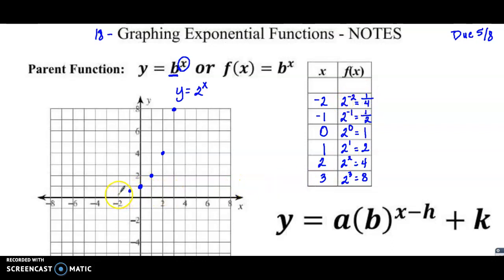So I could plot negative 2, 1/4, a teeny tiny point. If I did a negative 3, 2 to the negative 3, 1 over 2 to the third is 8, 1/8. 1/8 is going to be kind of hard for me to graph, so I'm not going to worry about graphing it. But notice we would just get closer and closer and closer to that x-axis. That would be an asymptote.